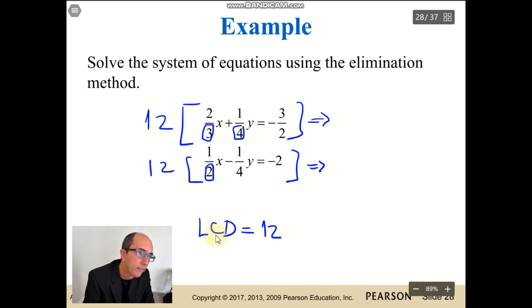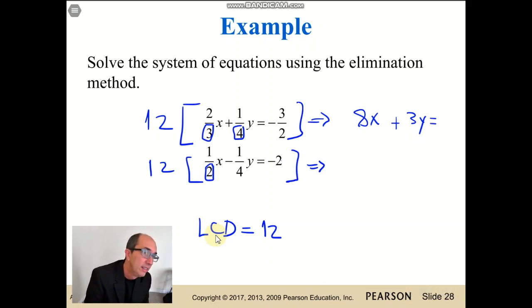Then we're going to have, first one, 12 times 2, 24, divided by 3, 8, 8x. 12 times 1, 12, divided by 4, 3, plus 3y, equals 12 multiplied by -3, -36, divided by 2, -18.